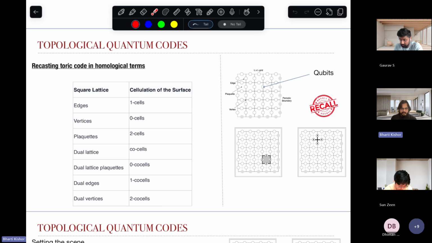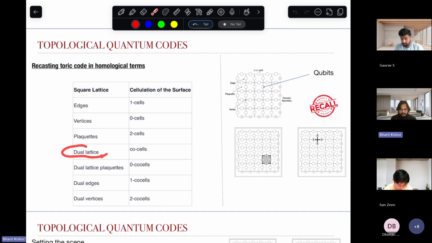So the edges that we have correspond to one-cells. In the homological language, vertices are zero-cells, and plaquettes are two-cells.